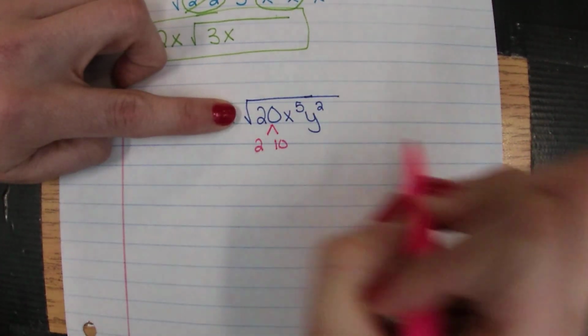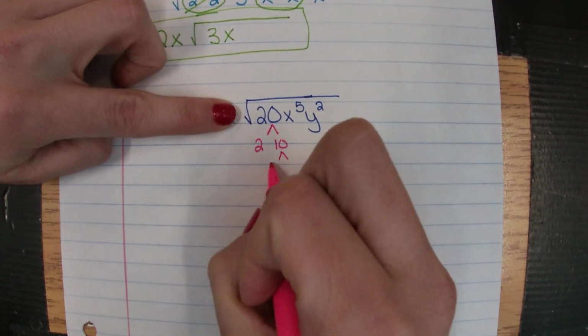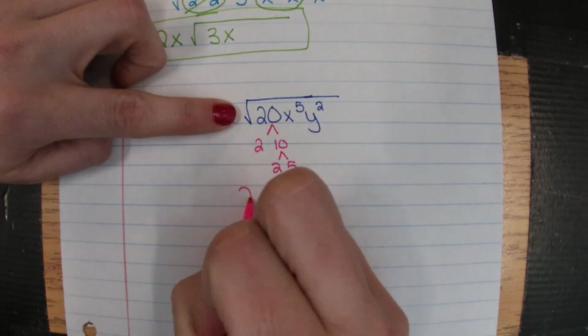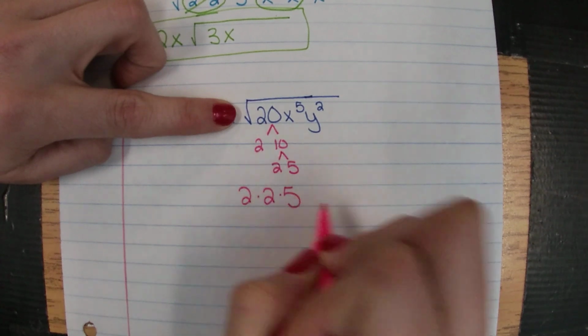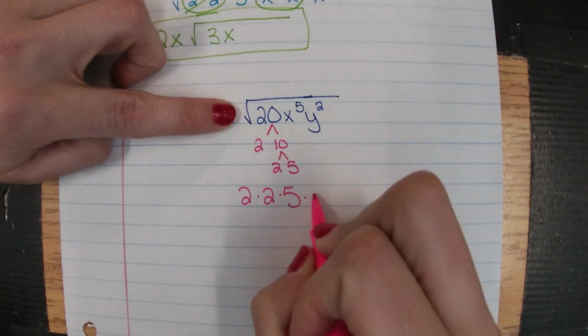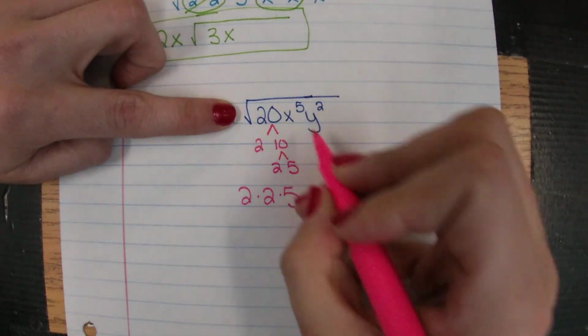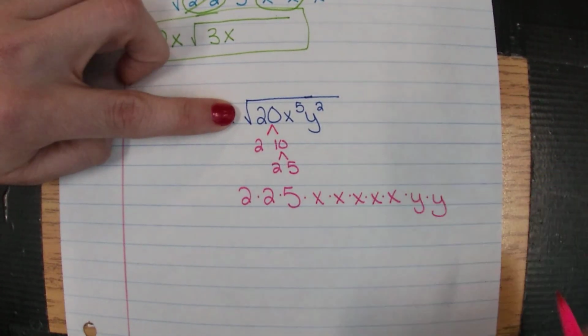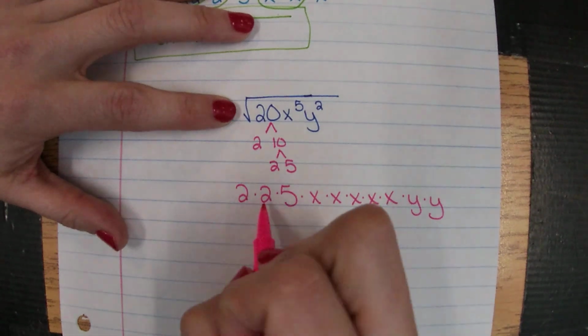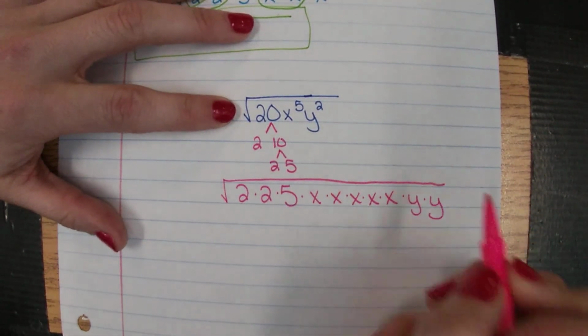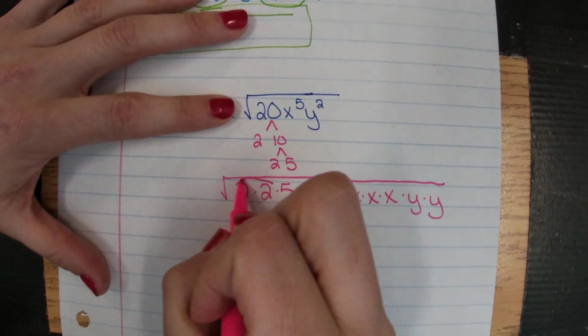So 20 is 2 times 10. 10 is 2 times 5. So that's a 2, and a 5. And then we get 5 x's. And we get 2 y's. Okay, so we're now here, and we're going to look for pairs.